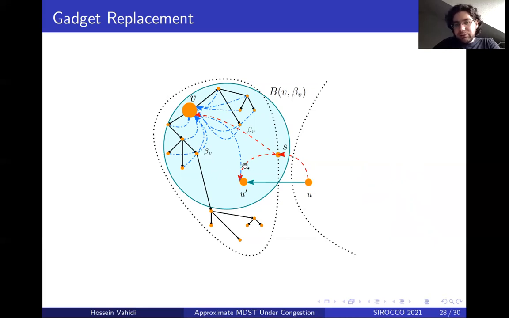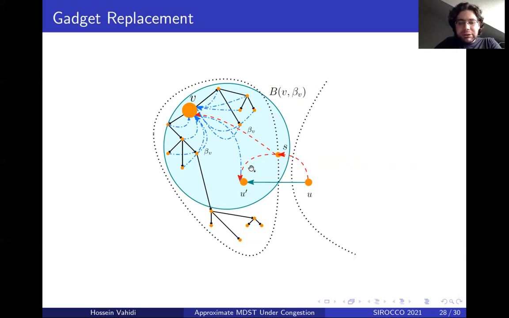So we want to make sure that their distance to V has not changed, so we add these edges from these nodes to V with weight beta V, and also, well, we still need to talk a little bit more, because these nodes might still use these edges that we introduced here that actually, if you look closely, might be negative.